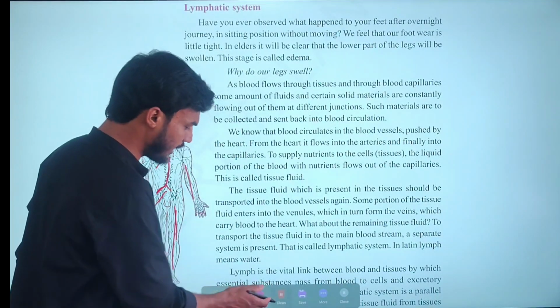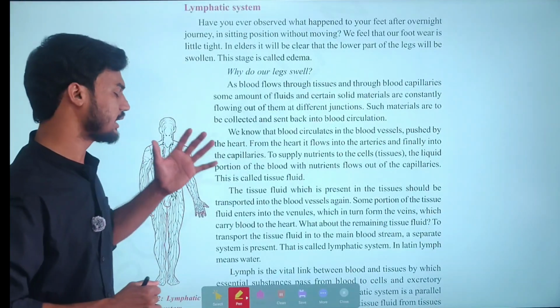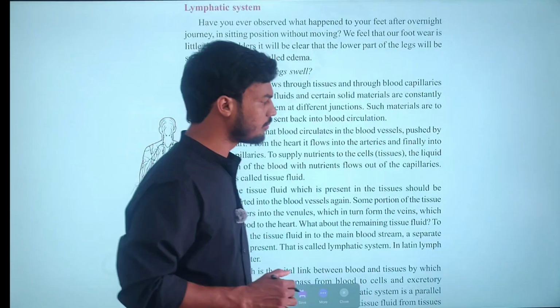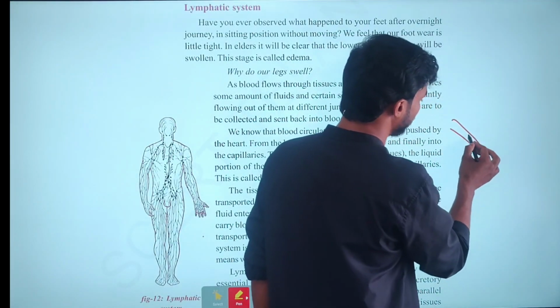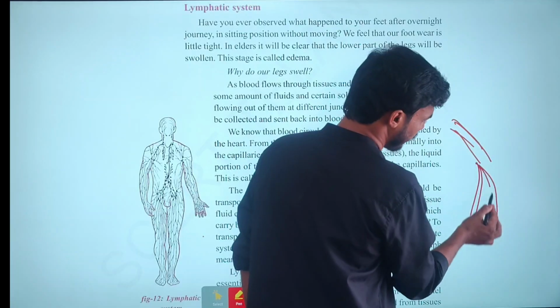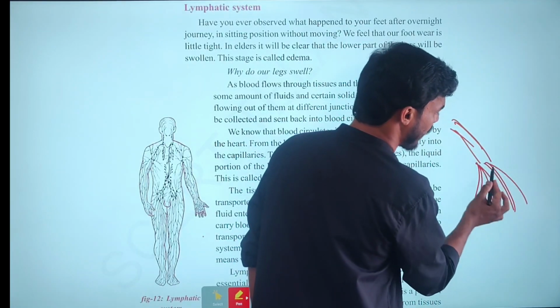Whenever oxygenated blood is transferred to all our body parts, during transportation the blood vessels are divided into blood capillaries, right? These are blood vessels, divided into small, fine, fiber-like blood capillaries.